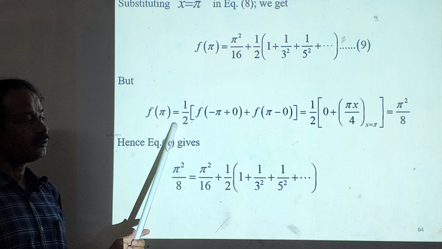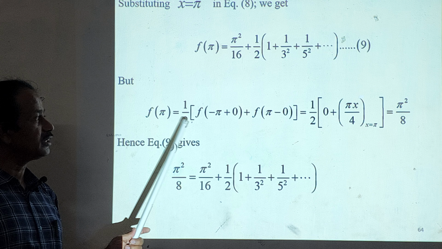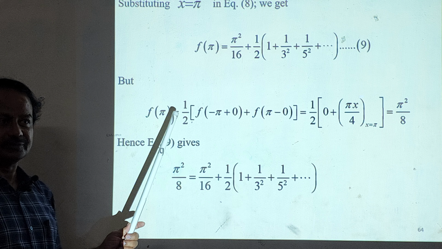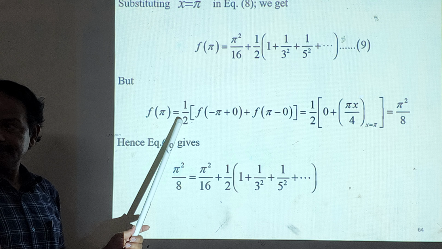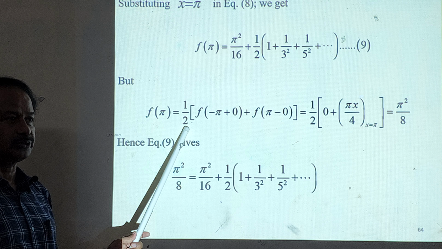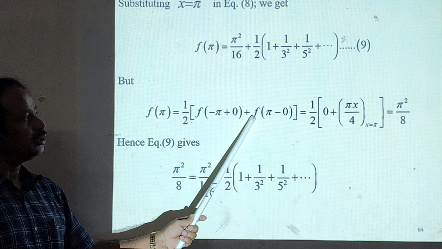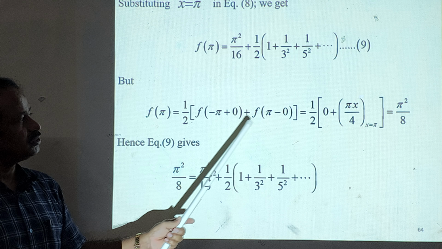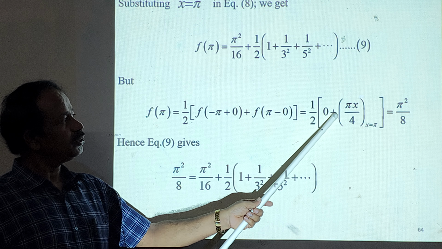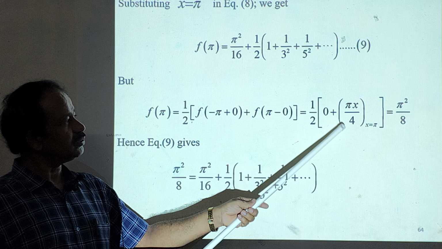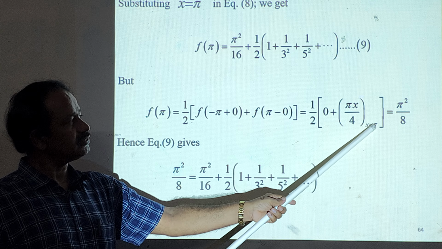Now we know f of pi equals f of minus pi to plus pi, the limits as given. Because this is an even function, I can write 1 by 2 times f of minus pi to 0 plus f of pi minus 0. So that will give me pi x by 2 at x equal to pi.